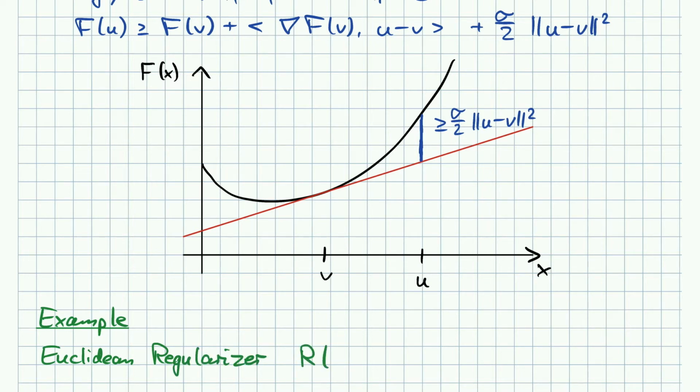We set r of v equal to 1 over 2 eta times the sum of all components squared, or the square of each of these components. And I now claim that this is 1 over eta strongly convex.